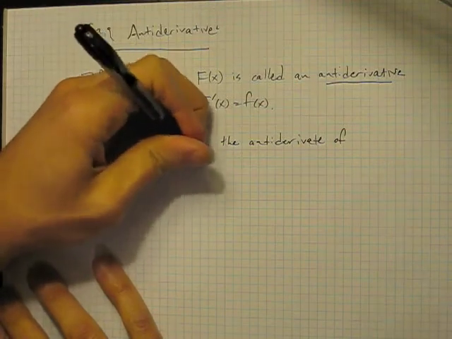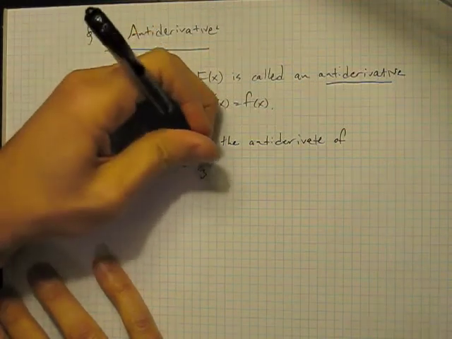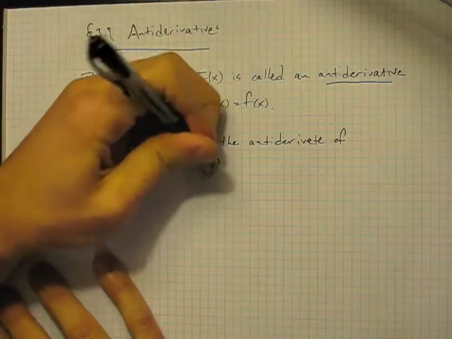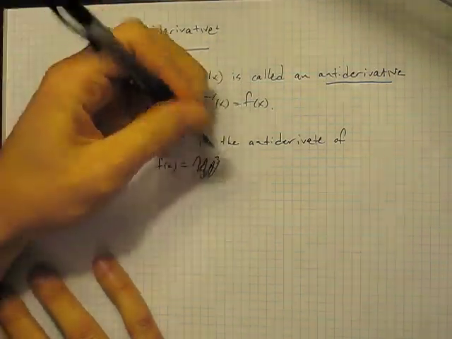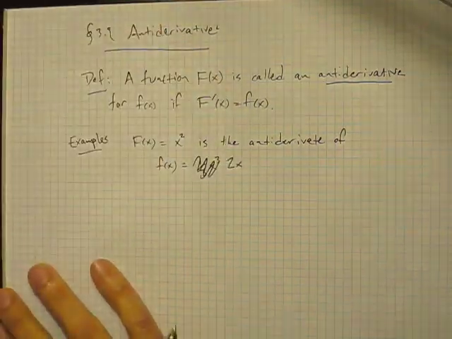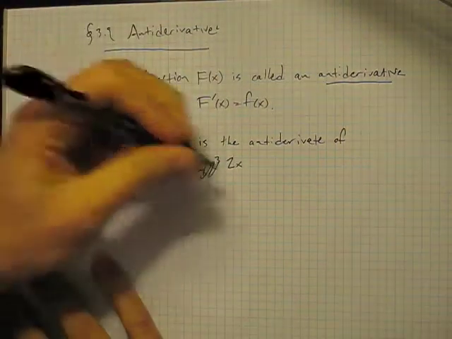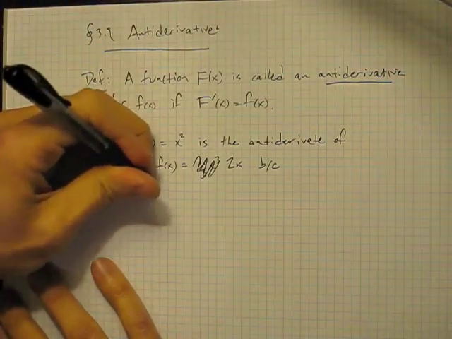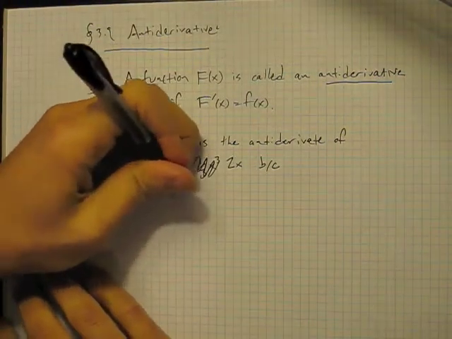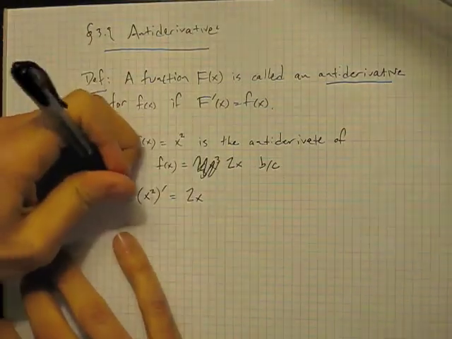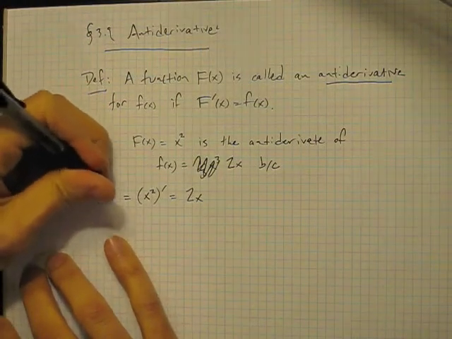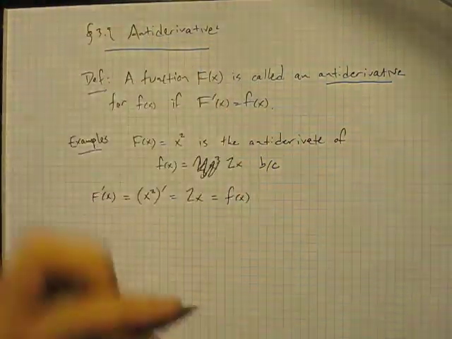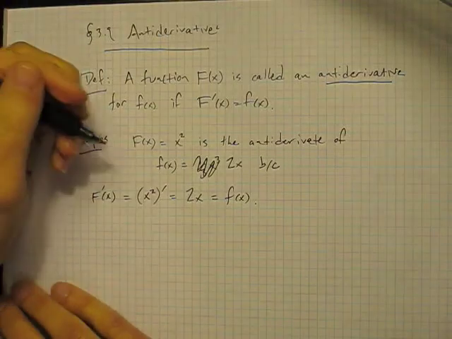Excuse me, 1/3 x to the third, because, I'm sorry, what am I doing? It is the antiderivative of this function here, 2x, sorry, I'm getting mixed up here. Why? Because the derivative of this function is equal to 2 times x. Okay, so that is the derivative of big F is equal to little f here. Okay. So that's just an example.